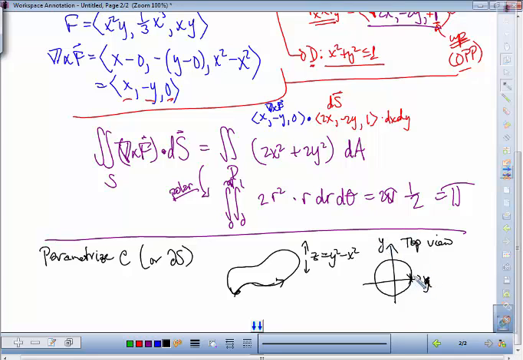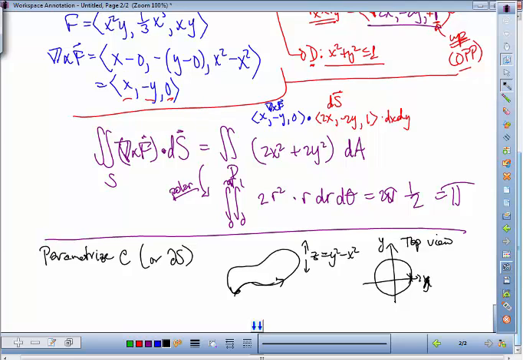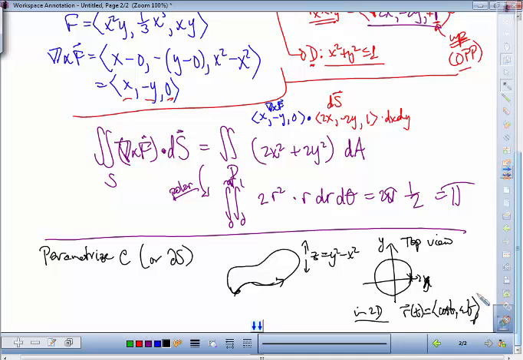So if this was just a two-dimensional parameterization in 2D, your parameterization is just sine and cosine, right? Cosine t, sine t. That is going to be the xy. It's like looking at a map and tracing out your path in the map.